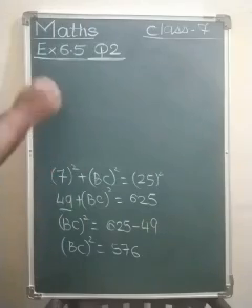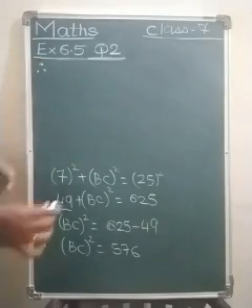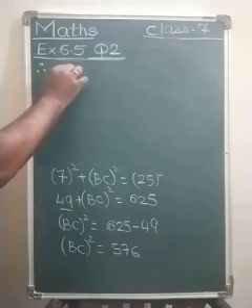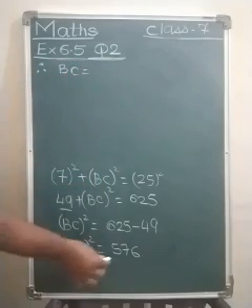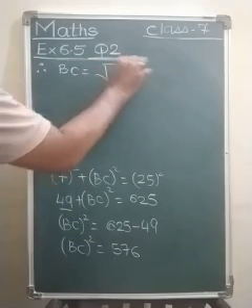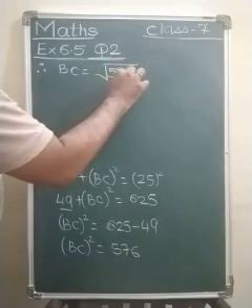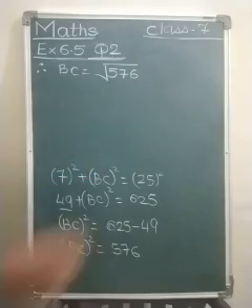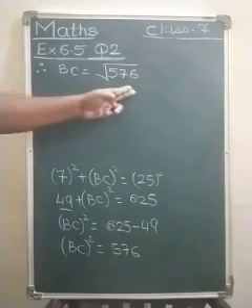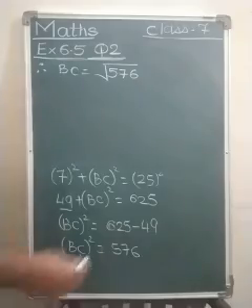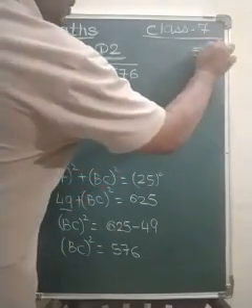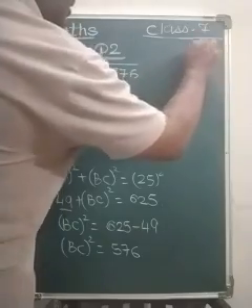Again the same procedure. Therefore, we have to find only BC. BC equals square root of 576. Square root of 576. Now, again 576.